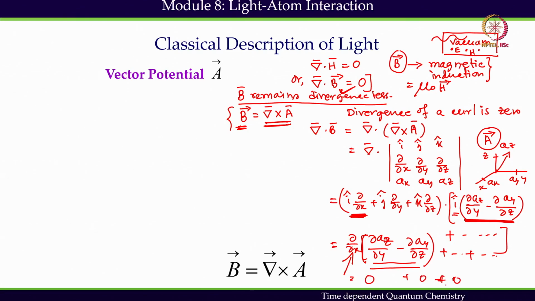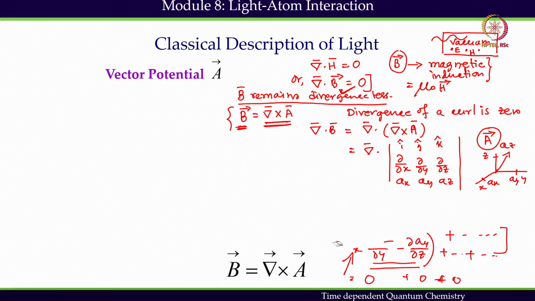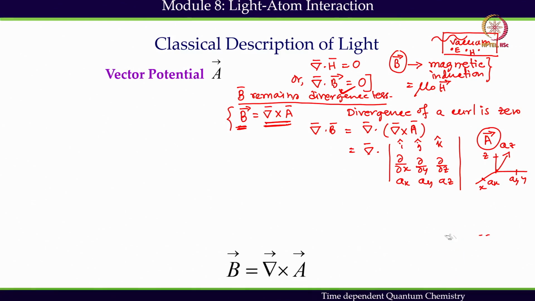So, the entire analysis shows that if I can represent this B as a curl of a vector A, then its divergence would be 0, then only its divergence will be 0. So, this is proved. So, this is mathematically correct.